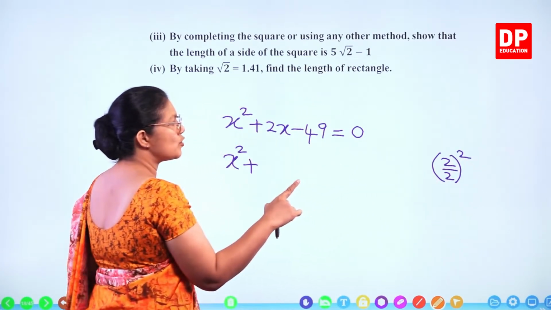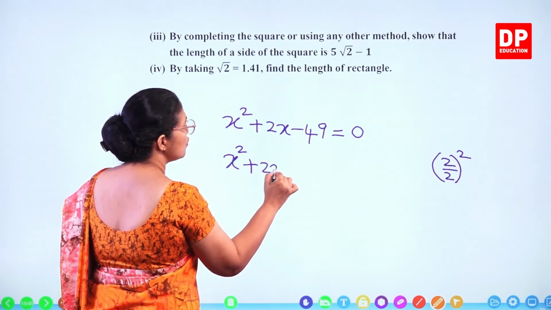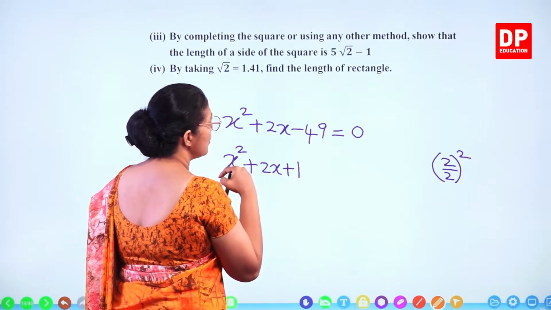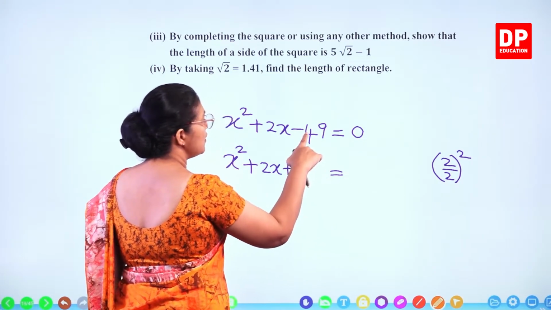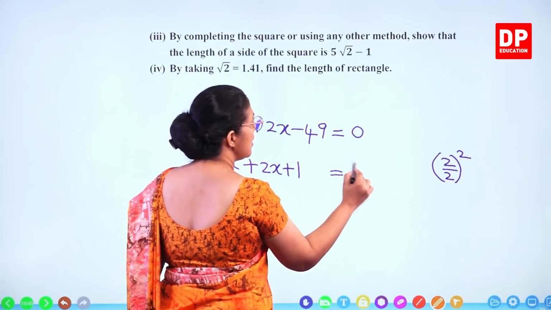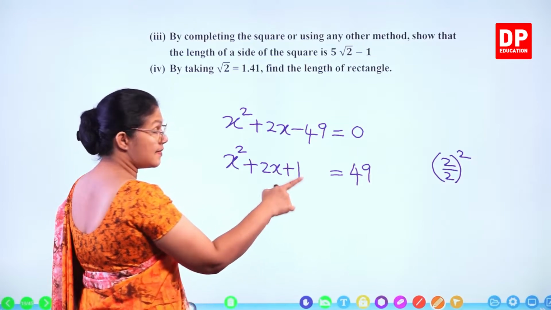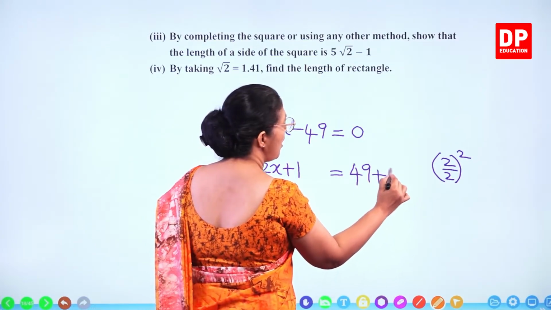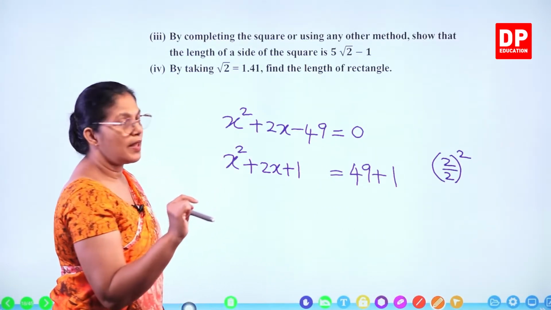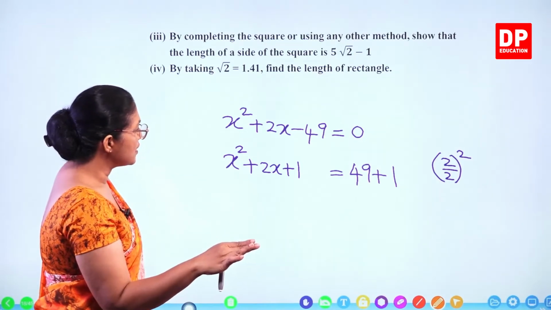So 2 divided by 2 is 1, 1 squared is 1. So you need to add 1 to get a square value. When you take minus 49 to the other side, that becomes plus 49. And here, this is an equation. You have to add 1 to the other side as well in order to get no difference.